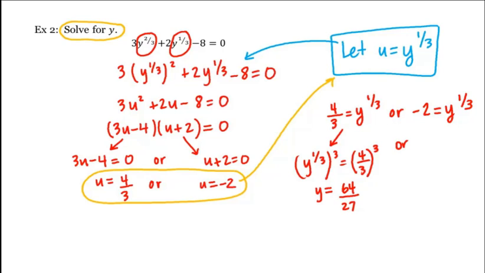Or cubing both sides here gives us y to the 1/3 cubed is equal to negative 2 cubed, which means y is equal to negative 2 cubed, which is negative 8. So these would be our answers.